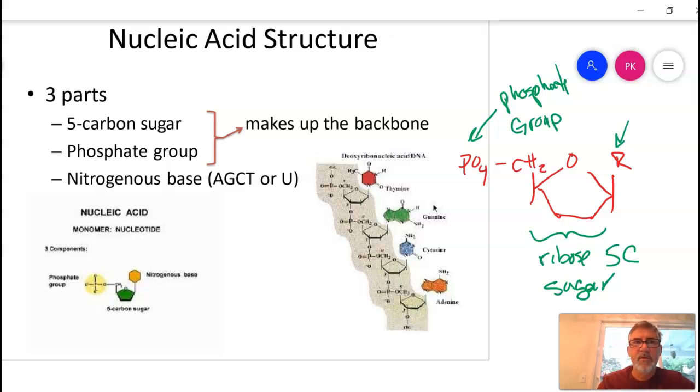And this right here is my functional group. A, C, T, G, the four functional groups that make up DNA. You could have uracil instead of thymine if you were RNA instead of DNA.